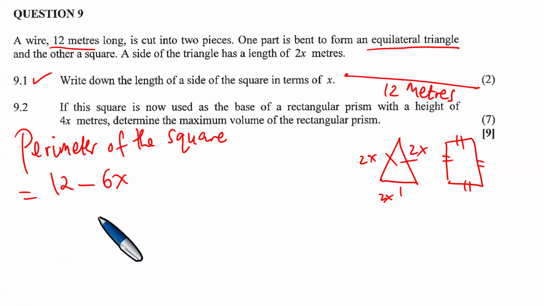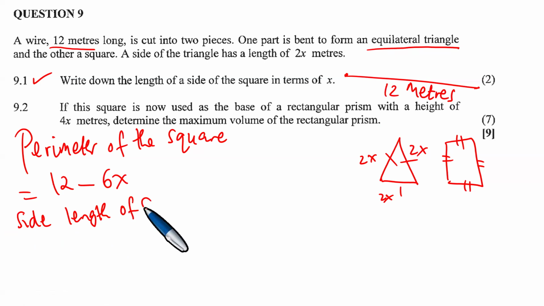Now, there's something called the side length of the square. The perimeter of the square is just the total length of 12 meters, but we subtract the length of each side of the triangle, which is 2x.